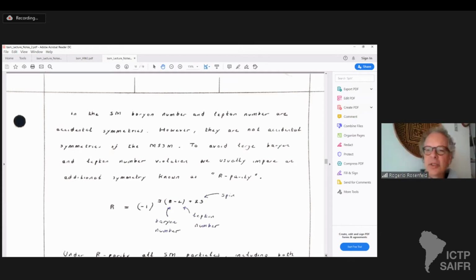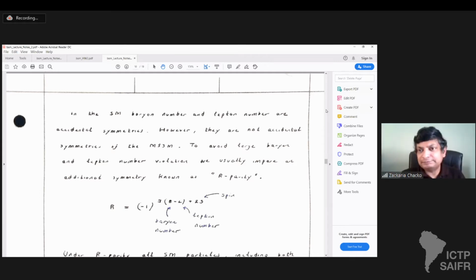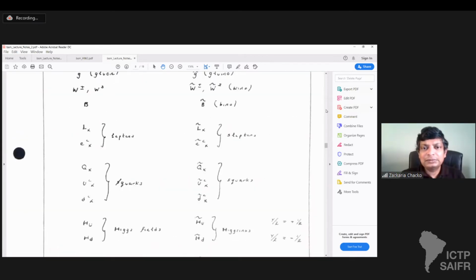Sudipta is asking, can you explain again why 2 Higgs doublets are needed? Yes. So let's say you started with just one Higgs doublet, and then you would have one Higgsino.